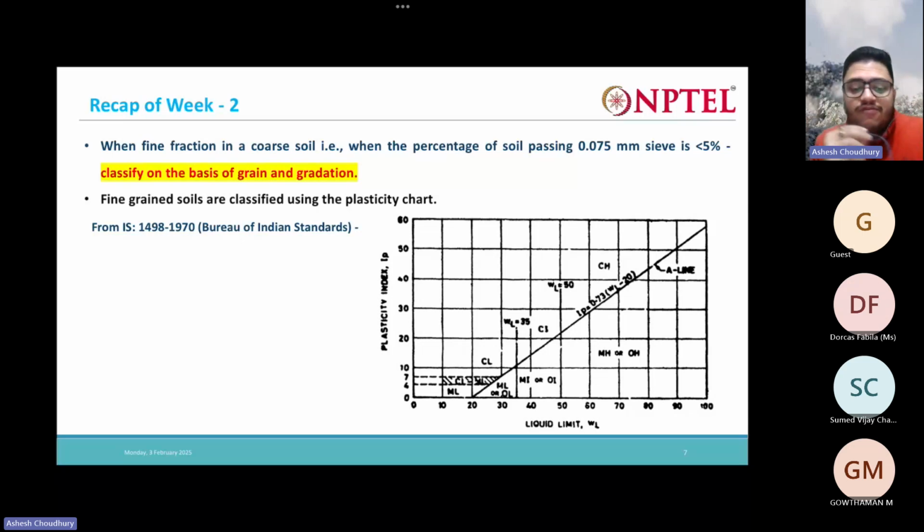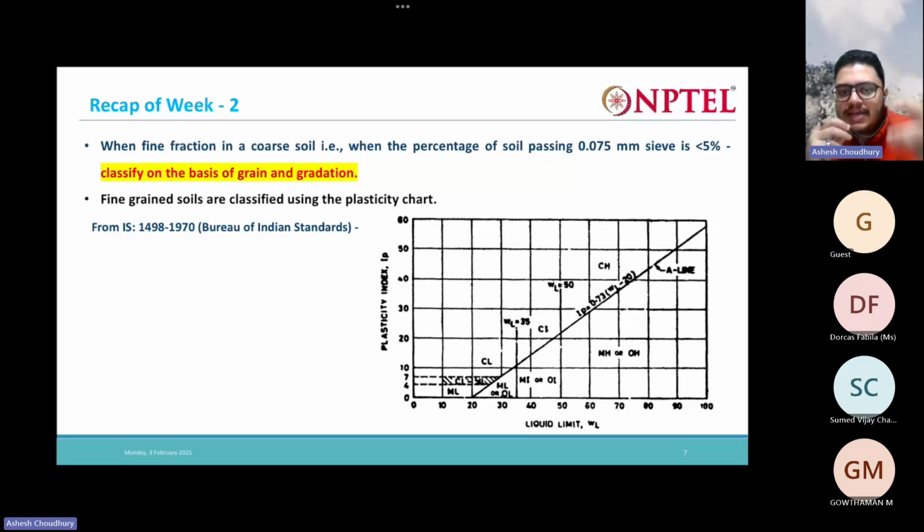Now, say you have 100 grams of soil. If more than 50 grams of the soil has particle size less than 75 micron, then that soil is majorly fine grained soil.